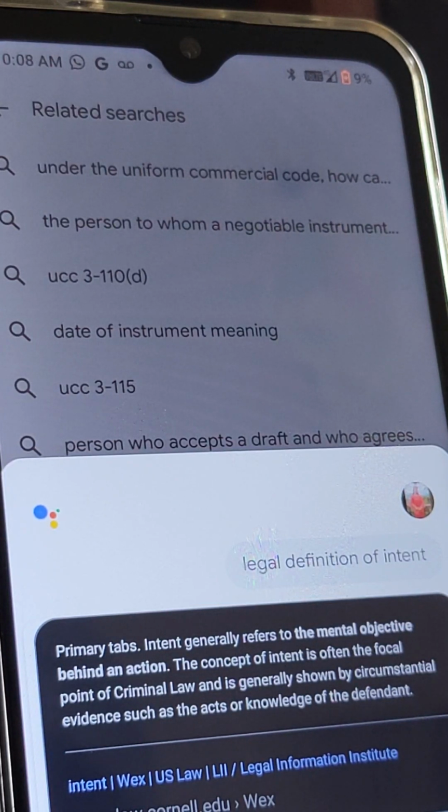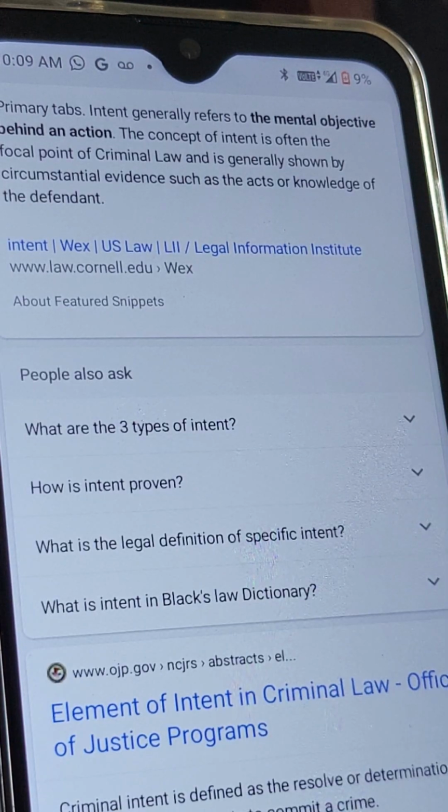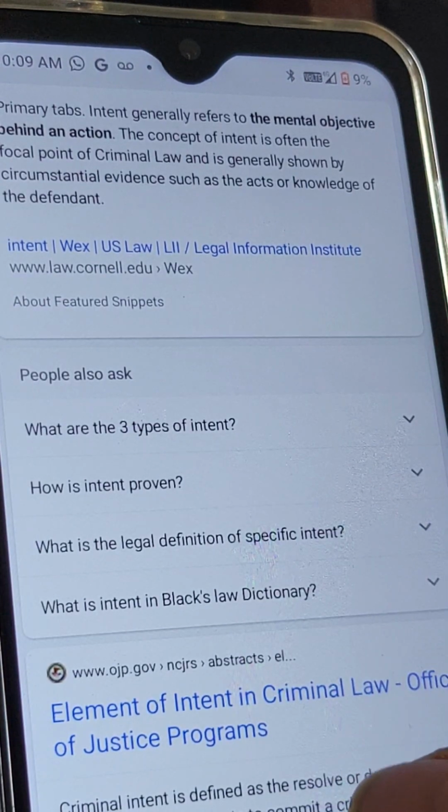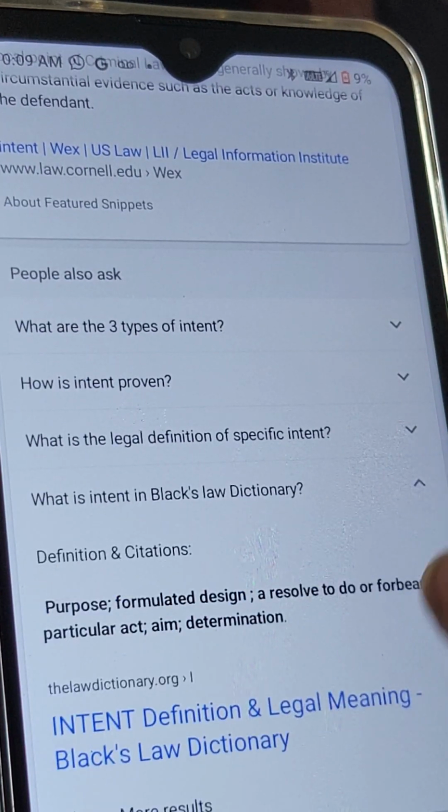The concept of intent is often the focal point of criminal law and is generally shown by circumstantial evidence such as the acts or knowledge of the defendant. So it's the mental objective behind an action. What is your intent? That's coming from Cornell.